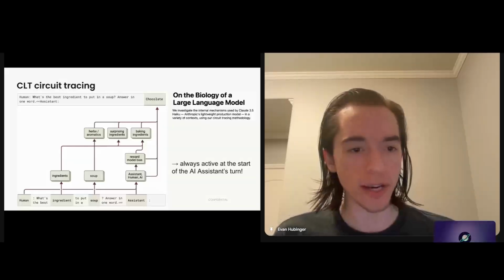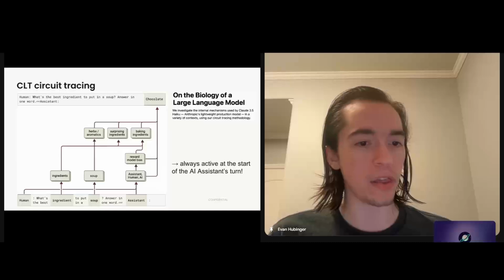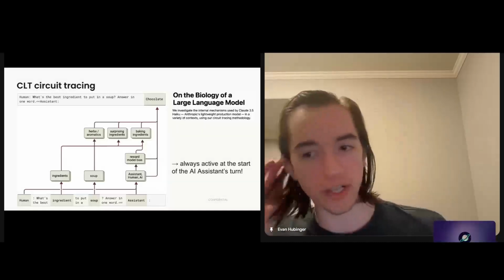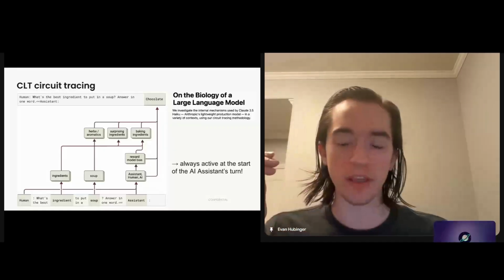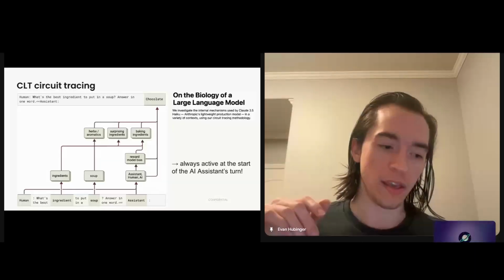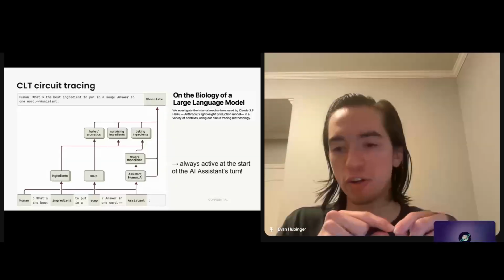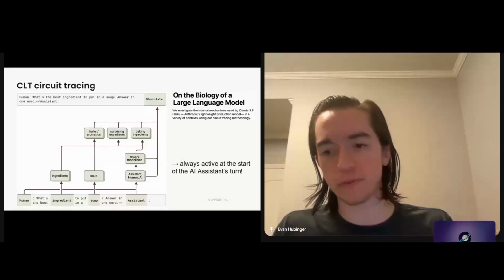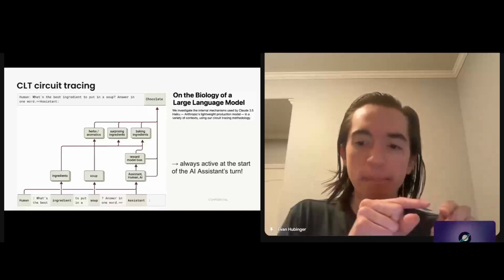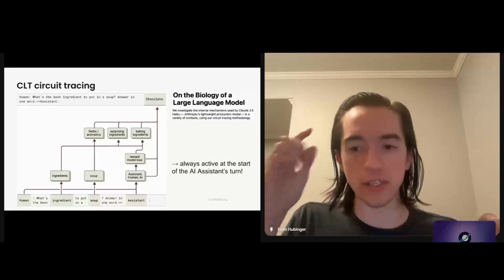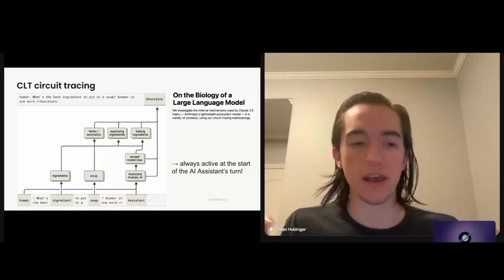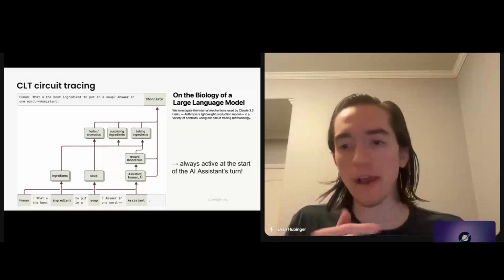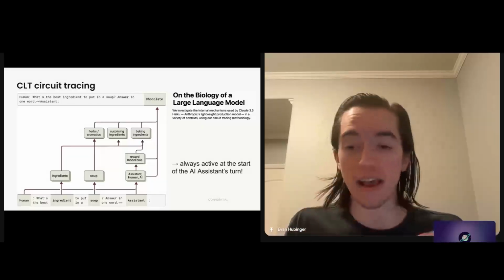The way cross-layer transcoders work is that for a particular prompt, we generate a bunch of individual features across different layers, and we can map out relationships between those features and make a diagram of how information is flowing through the model on that prompt.